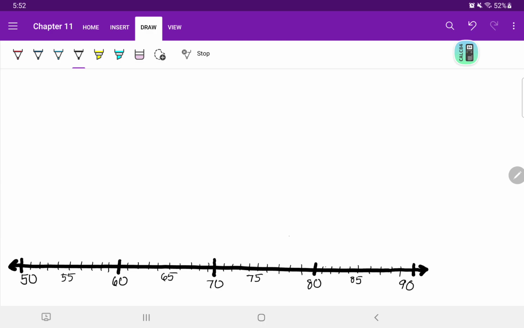And the maximum value is 83. Let's go to our number line right here. Let's place a dot here at 55 for the minimum value. Place one here for the maximum value at 83. 81, 82, 83. Try to keep it consistent. We'll put it right here.